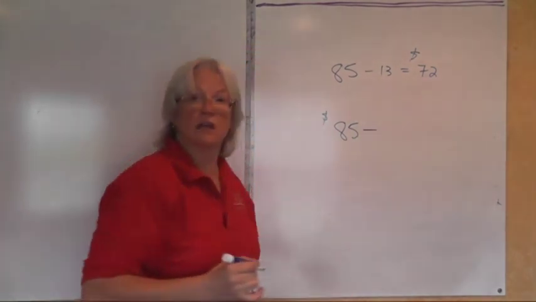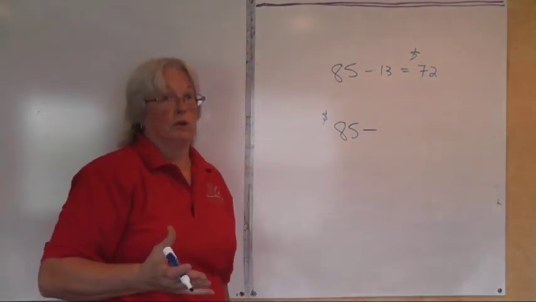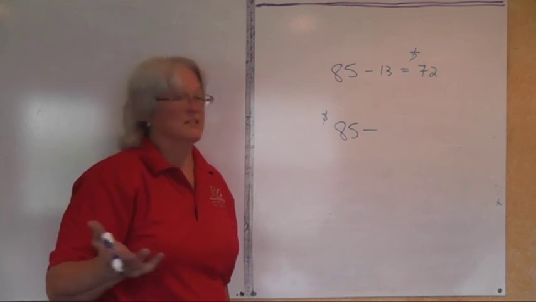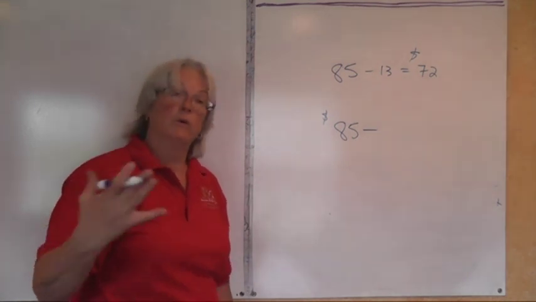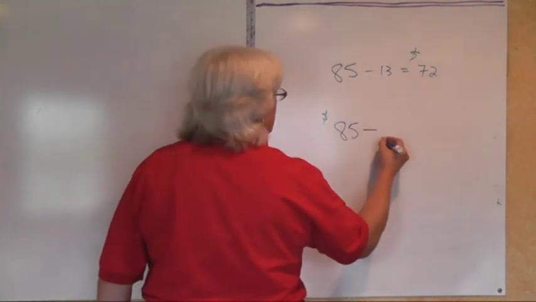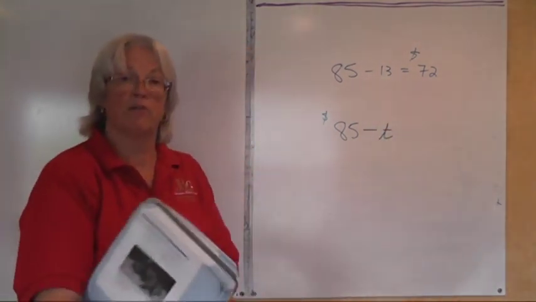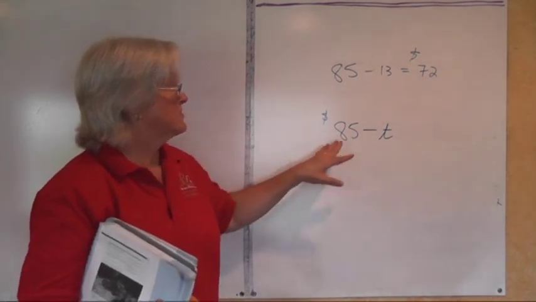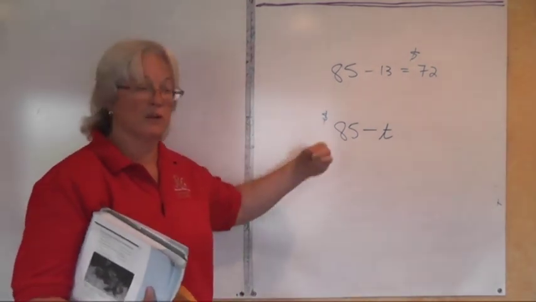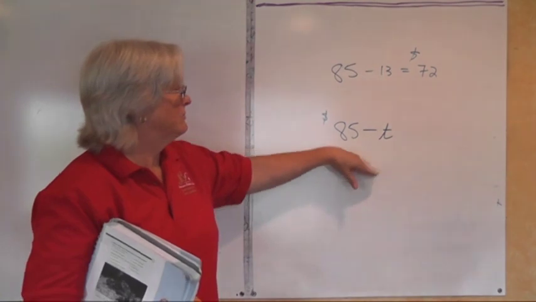How much is he giving away? $2? $5? $75? All of it? Well, we don't know what it is, but we know that he is giving away some amount of money that they call T. So this is how much money he has left after he's given his money to the missionary.